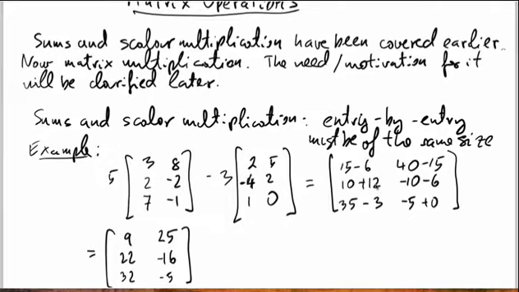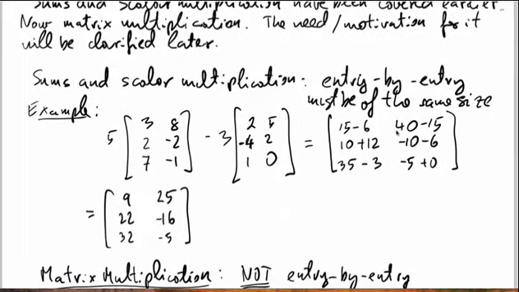So 10 plus 12. Then the 3 entry, 5 times 7, 35, minus 3 times 1, minus 3. And so on. And then, of course, we have to do these operations to get the actual numbers. So don't forget to scalar multiply each entry in the matrix and also to subtract each entry from each entry.